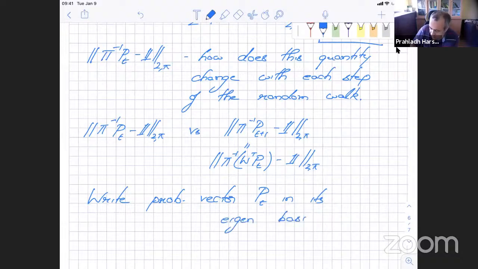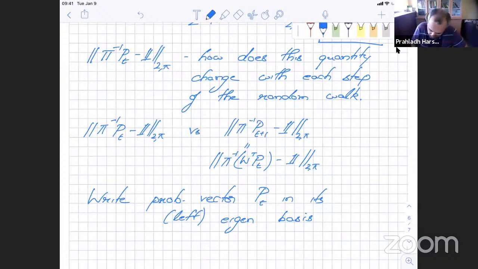Notice that p_t comes from the left, so it's nicer to write it in the left eigenbasis. One thing to notice, this is not an orthogonal eigenbasis, but we'll see that multiplication by pi inverse is going to make things work very nicely.